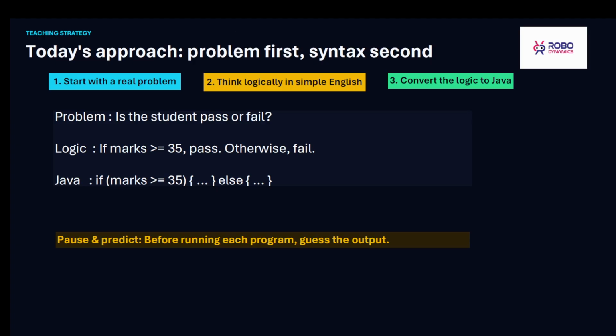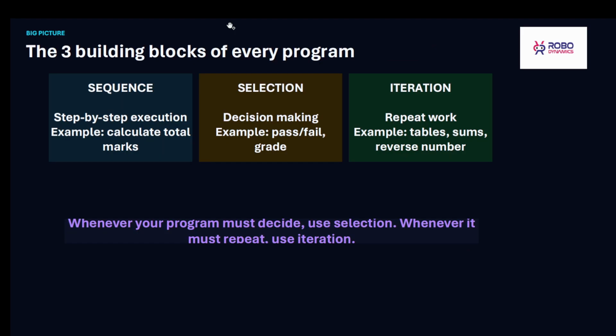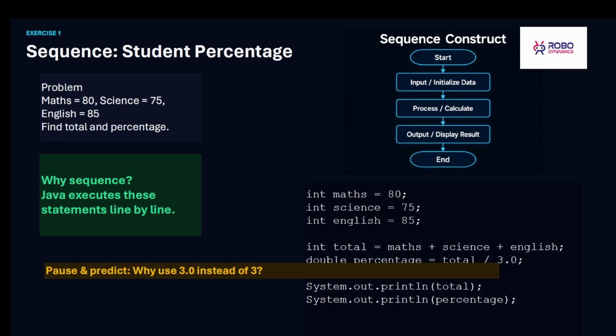There are three steps to write code in Java: understand the problem, understand the solution, write code in Java. That's it. It's going to be very interesting. Programming constructs are of three types: sequence, selection and iteration. Sequence is solving step by step, selection is decision making, iteration is repeating work. So let us get started.